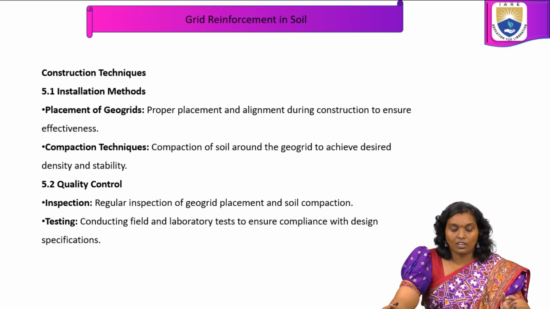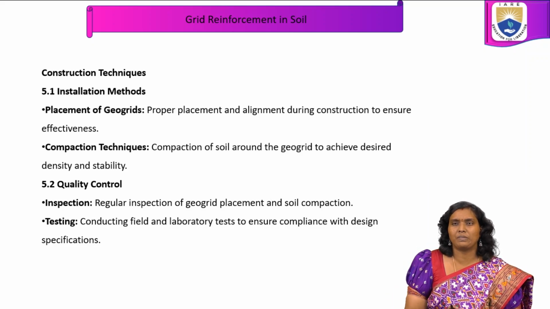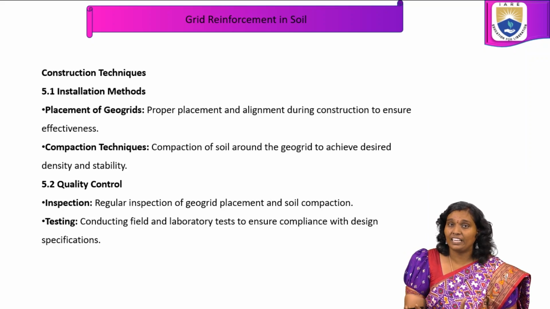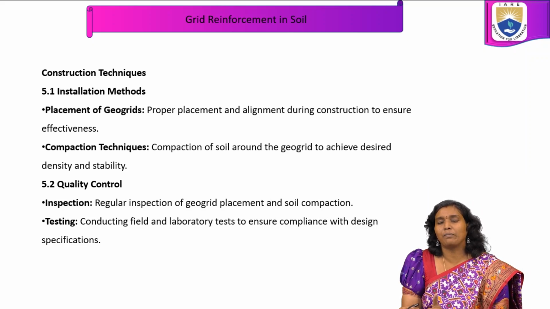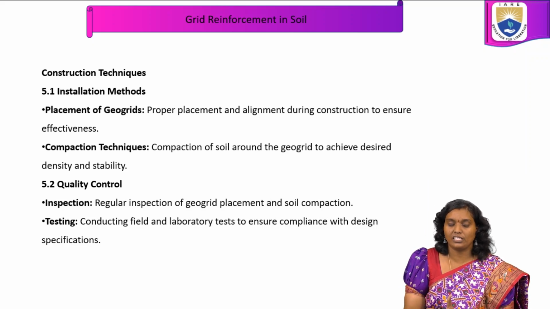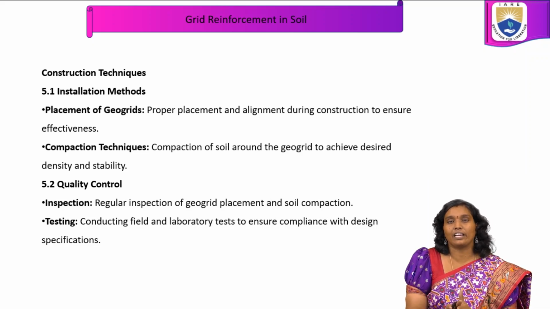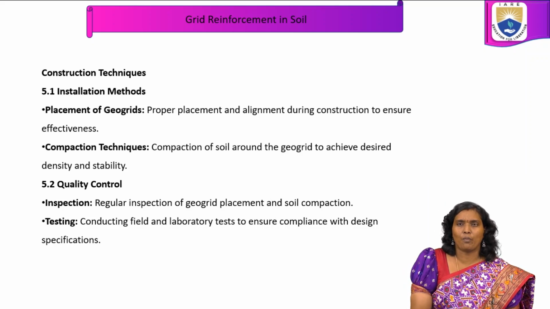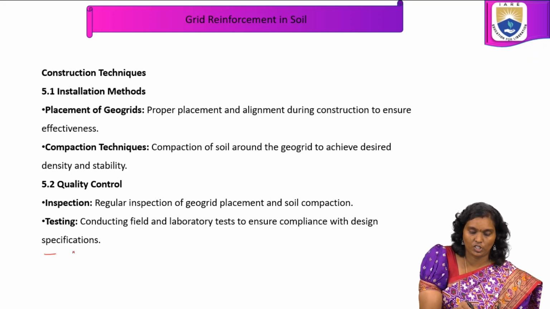In quality control, regular inspections of the geogrid placement and soil compaction are important for proper maintenance, long-term stability, and meeting the requirements of the structure. In testing, field and laboratory tests are conducted to ensure compliance with design specifications.